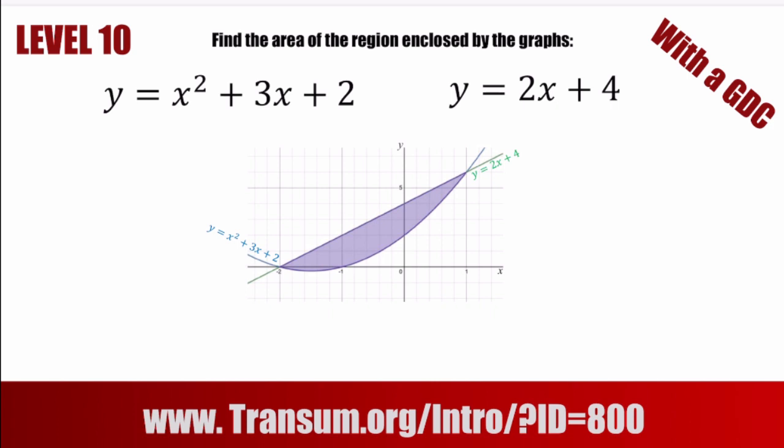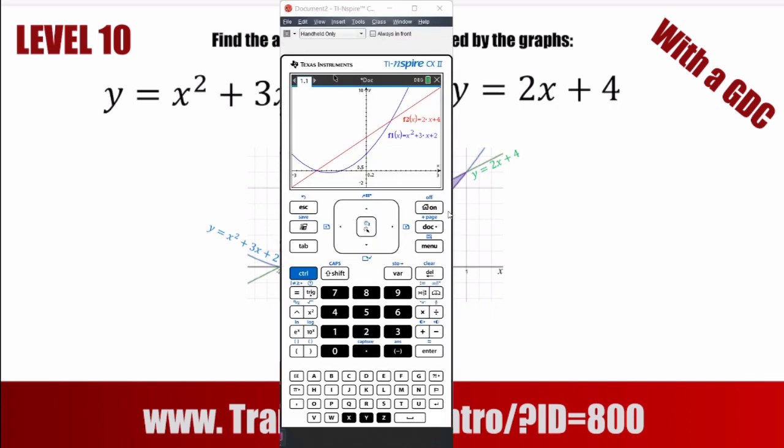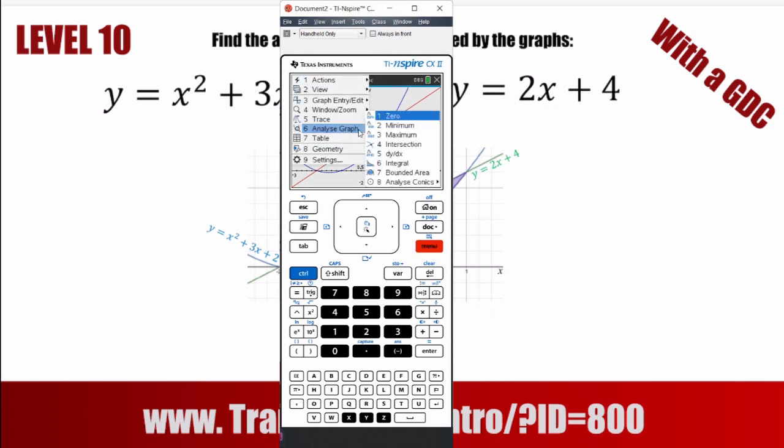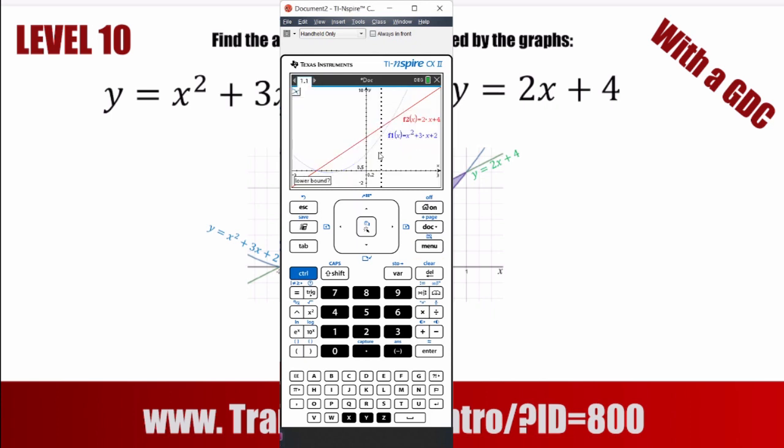So it looks like that purple area in the diagram, but what we'll do is we'll go to the calculator and we'll go to a graphs page, and then we'll type in the two graphs so that we can see them on the screen. Change the scales on the axes slightly so that we can see them clearly.